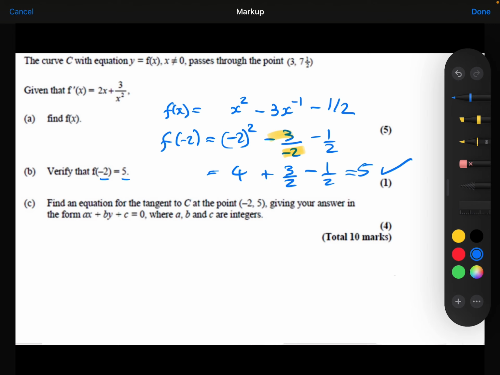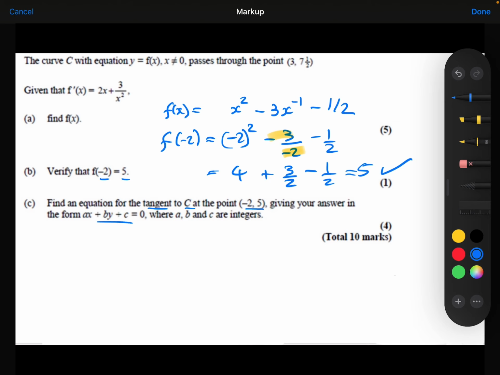Now, part C says to find an equation for the tangent to the curve at the point when x is minus 2 and y equals 5, giving my answer in this form.